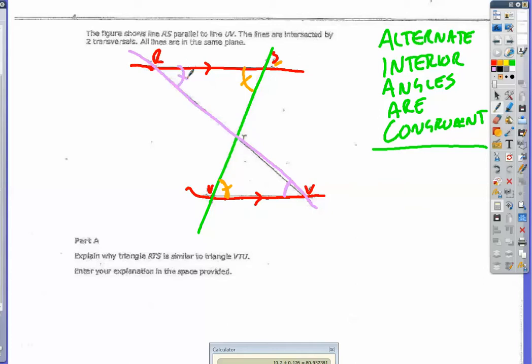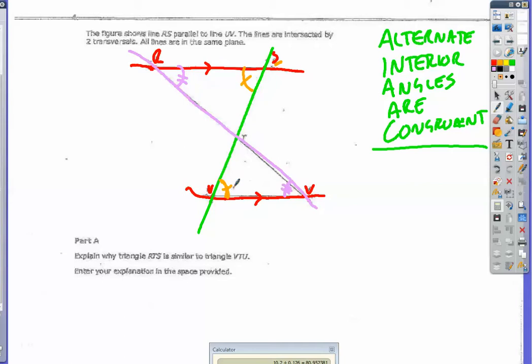But wait a second. If I put one line through the angle, that means it's congruent to these two as well. Is that true? No, it's not. So I need two lines. So now I know that this angle is congruent to that angle because of those two lines, and this angle is congruent to this angle because of the single line.